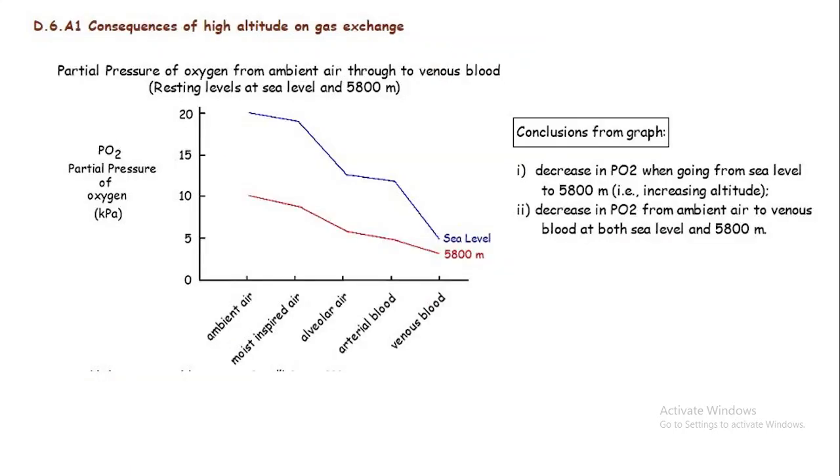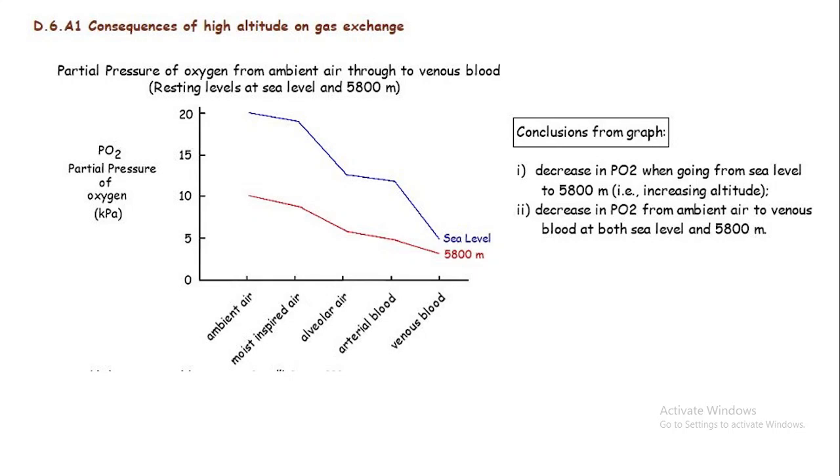Next one, consequences of high altitude. Now these are applicative questions, which are very important. There is a question when they say, when you move to higher altitudes, like you're climbing a mountain, going on a trek, what happens is, as you climb, there are chances of a difference in your oxygen level, because the oxygen that is present around the ground, at normal sea level, is not there as much as the altitude increases.